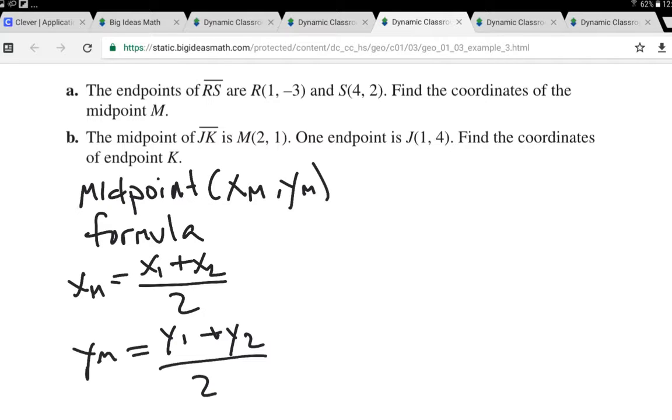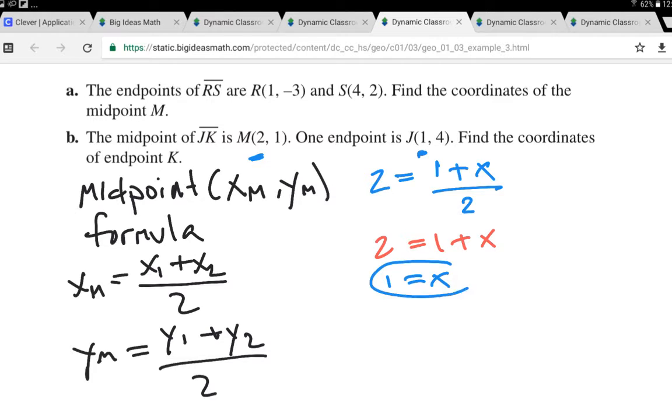So we know that the x-coordinate for the midpoint is 2, so we'll say 2 equals, and our one endpoint x-coordinate is 1, so we'll say (1 plus x) over 2, and we'll solve this equation. So we're going to multiply both sides times 2, and we get 2 equals 1 plus x, and then we'll subtract 1 from each side, and we get 1 equals x.